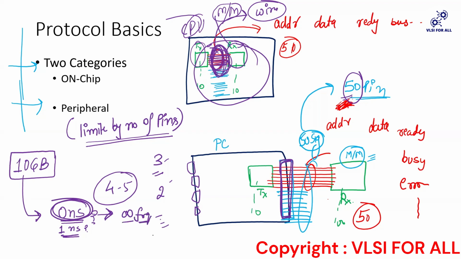Infinite frequency means, let's say you have heard of an i7 processor that works at 2.4 gigahertz, or a 4 gigahertz Snapdragon processor, or 3.4 gigahertz.